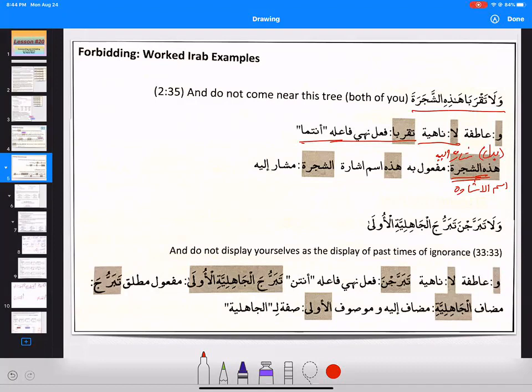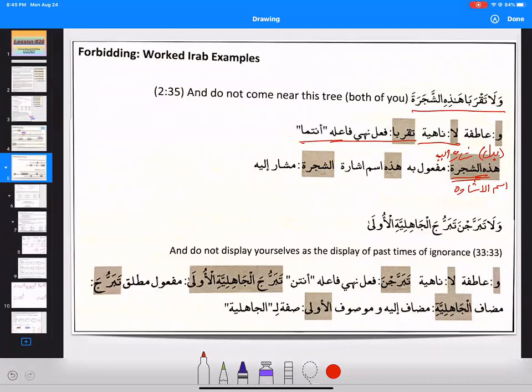This is not the only way you're going to find badal. Sometimes without ismul ishara there is a badal. But this is the easy giveaway that whenever we have musharun ilayhi, our musharun ilayhi is always badal or substitute, because if we just say hazihi or haza, that is good enough, since we are pointing to something, so we don't have to mention the ism.